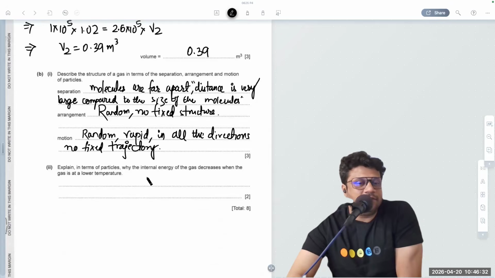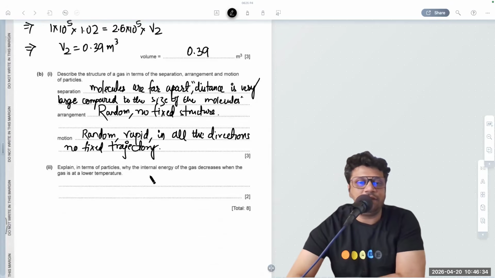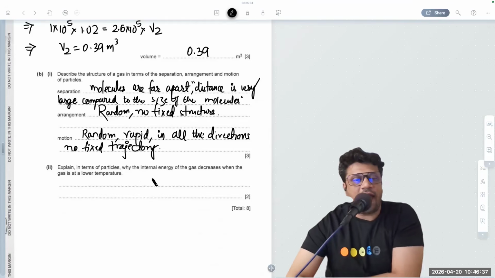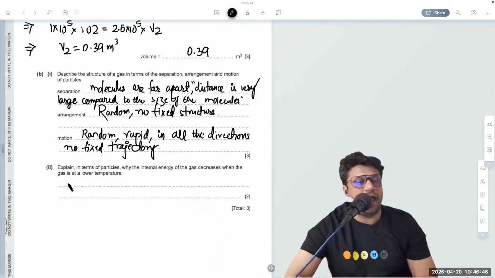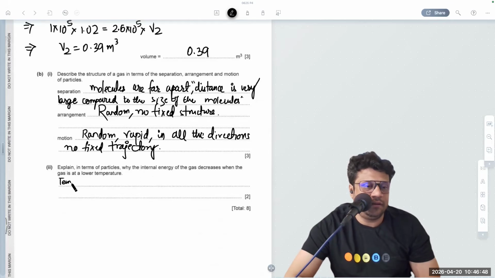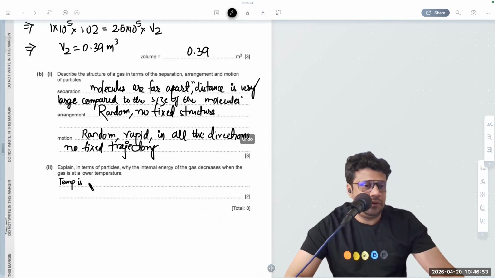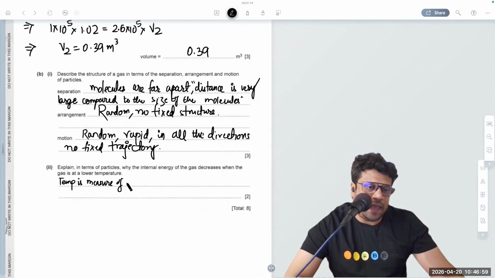Okay. Explain in terms of particles why the internal energy of the gas decreases when the gas is at a lower temperature. Well, temperature is the measure of average kinetic energy. If there is lower temperature, there is lower kinetic energy. So you write temperature is a measure of average kinetic energy.